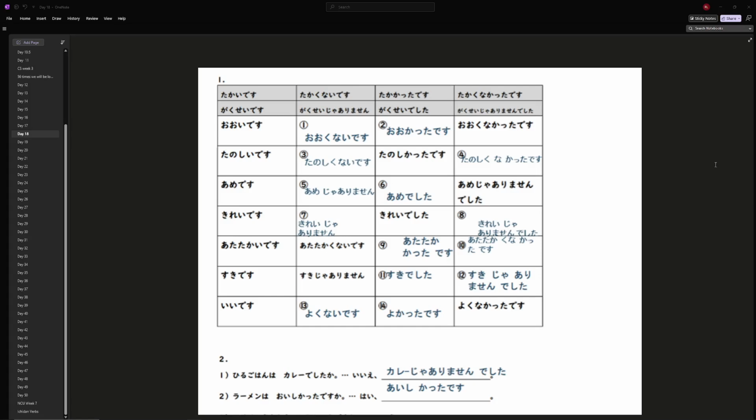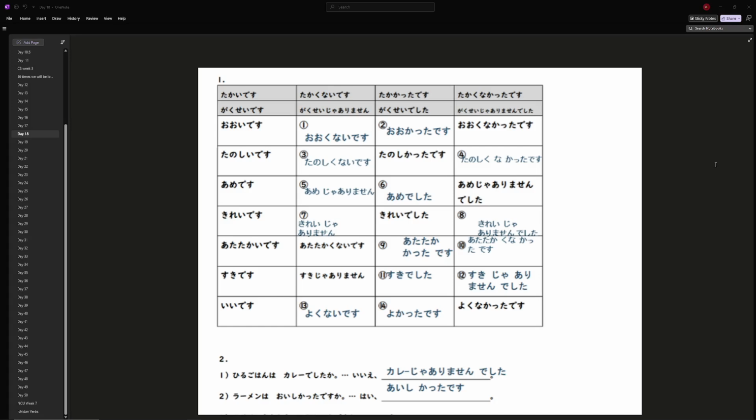Like it was rainy. It was raining. Yeah, and I want to make the distinction again, that this is a description. So it was rainy, because there's a verb for to rain and to snow. Gotcha. Like it was a rainy day as opposed to it rained that day. Correct. Okay. And then the one they threw us for free, ame ja arimasen deshita. So it wasn't rainy at that point? Yeah. Okay.